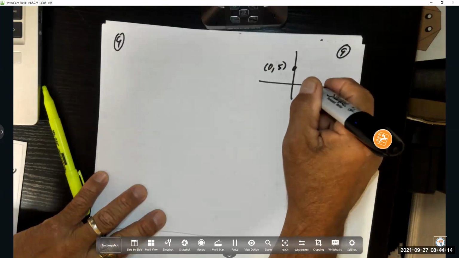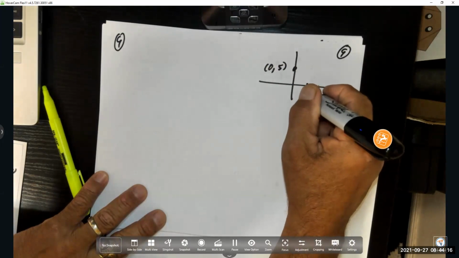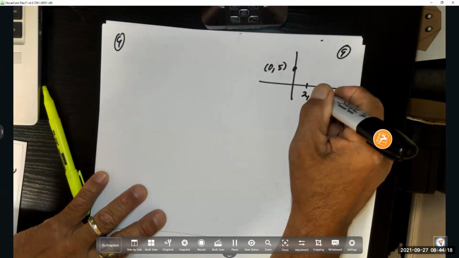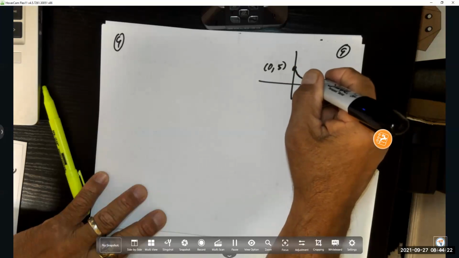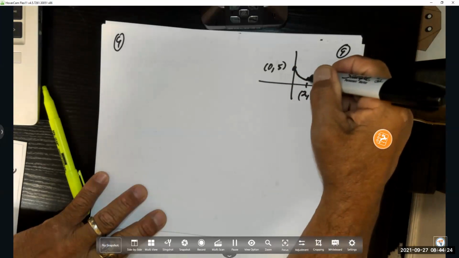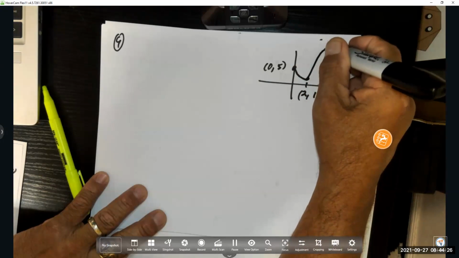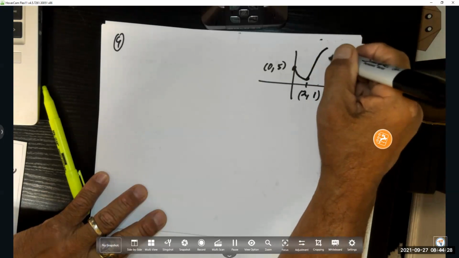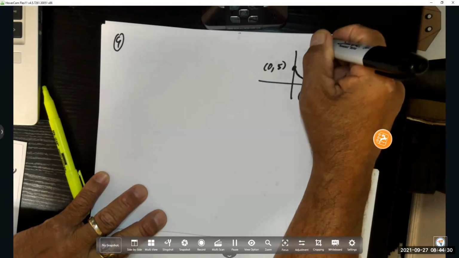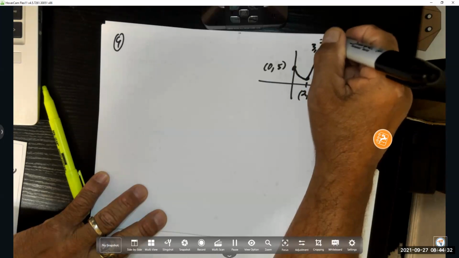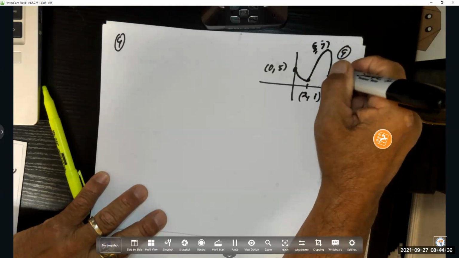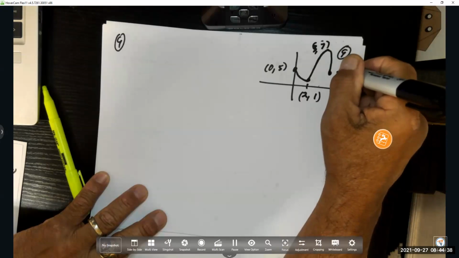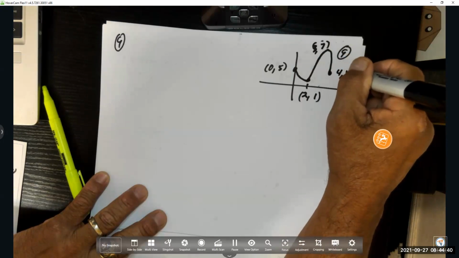And then at 2, I'm going to say 1. Like this. And then from there, I'm going to shoot it way over here in the sky. It's going to go all the way up to, I'm going to say that at 3, it's 7. And it's going to come back down again. I'm going to say that at 4, it's 5 again.